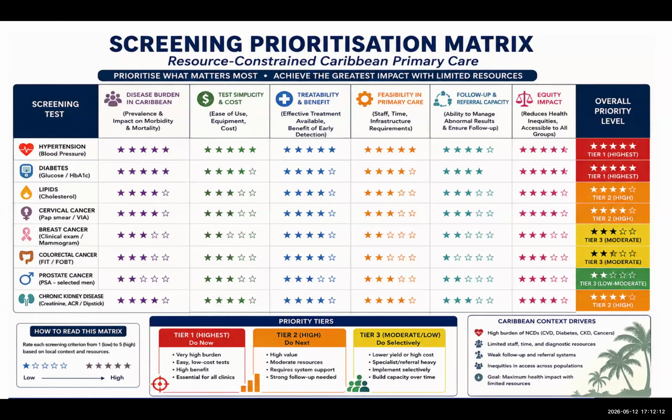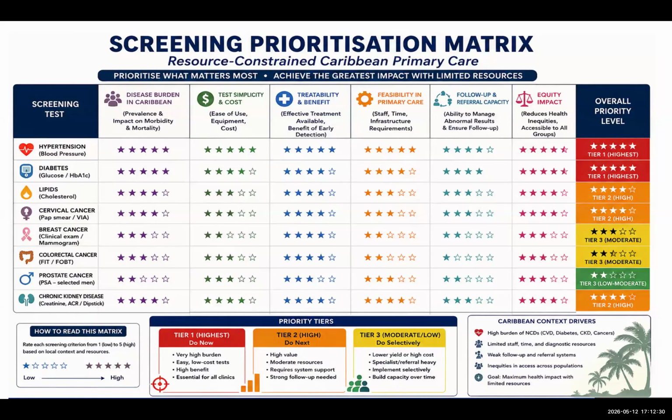Prostate cancer screening remains a bit controversial internationally as well because PSA testing may lead to overdiagnosis and unnecessary investigations. There are a lot of guidelines that state shared decision making should be involved rather than universal screening.